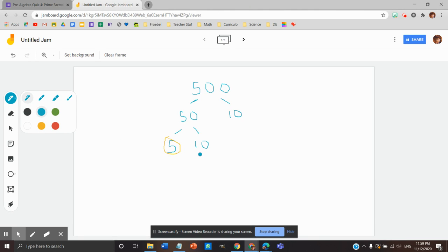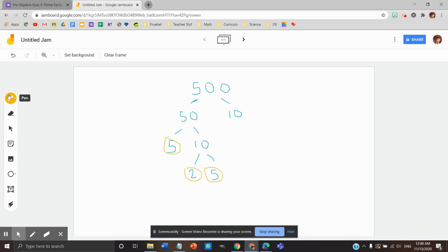I can continue factoring it, right? When numbers multiply, what gives me 10? Well, that is easy. That is 2 times 5. And again, 2 is a prime number, and 5 is a prime number. So I finish in this area.